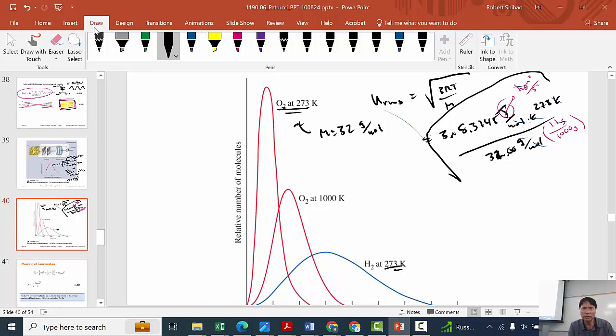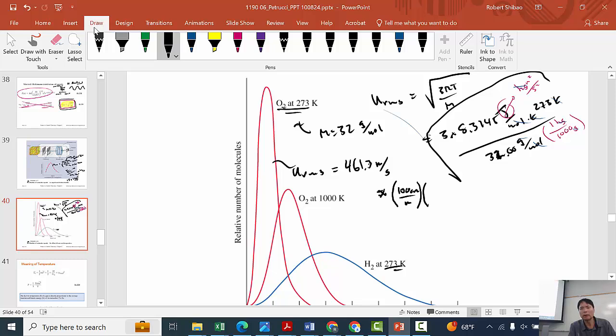And this comes out to a U RMS of 461.3 meters per second. 461.3 meters per second, we're going to convert that into miles per hour. And so to convert from meters to miles, I'm going to multiply this by, there are how many centimeters in a meter? 100 centimeters in a meter.